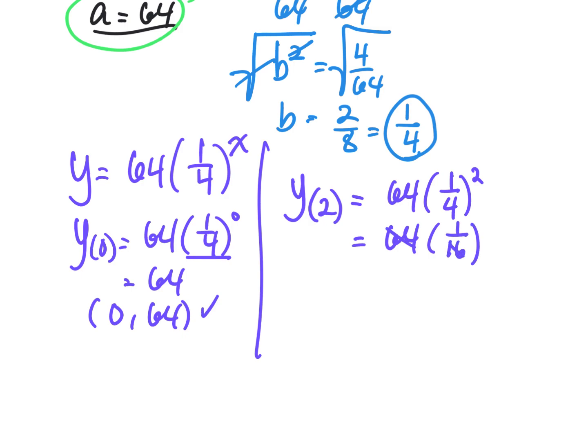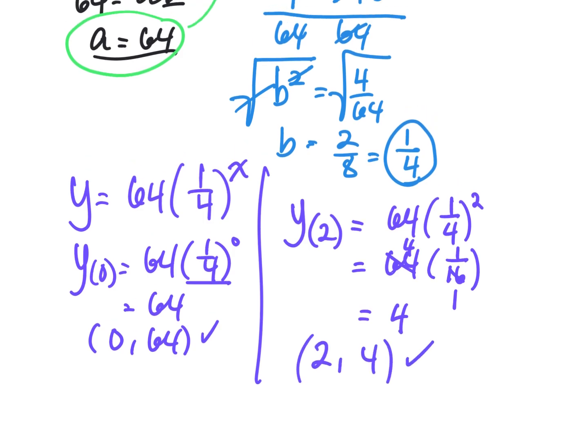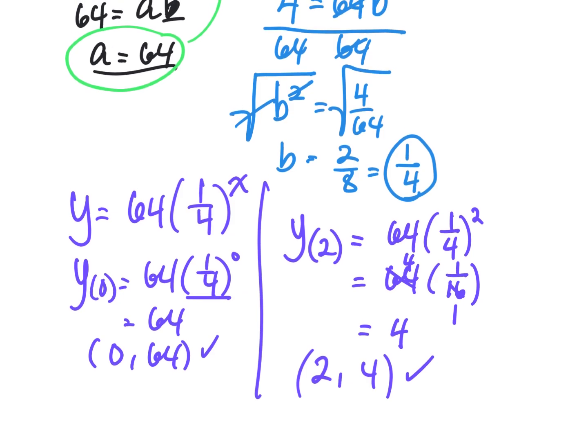Okay, cancel. So that's going to give you 64 divided by 16. It's going to give you 1 and then 4. And what is left is just 4 times 1. Therefore, it's 4. So the coordinates 2, 4 is also the same. Therefore, your function here is truly correct.